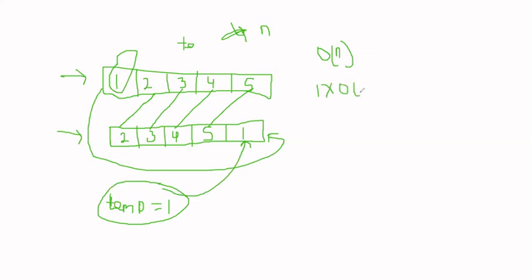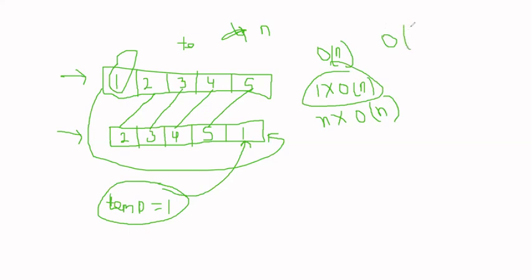Suppose someone has asked us to perform n left shift operations. Then what will be the time complexity? Aryan, can you tell us? If somebody has asked us to perform one left shift operation, we are getting the time complexity as big O of n.